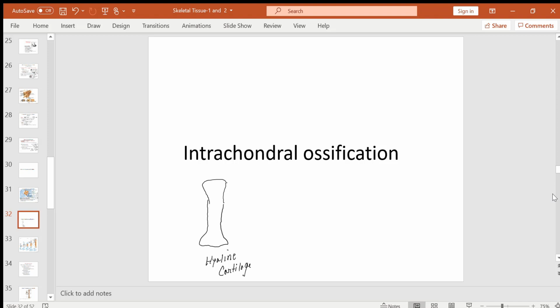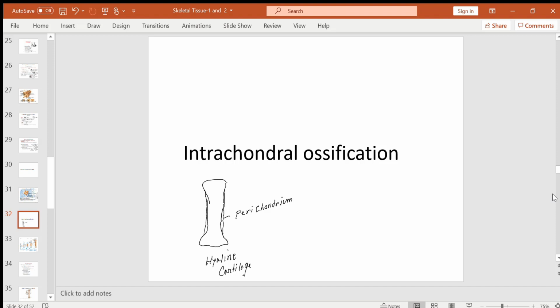Okay, and like the bone, around the cartilage you have a membrane covering that is called perichondrium. Periosteum, osteo means bone, right? The covering of the bone, and perichondrium, chondro means cartilage. So this is the covering of the cartilage. So this is perichondrium around the cartilage, the covering of the cartilage.